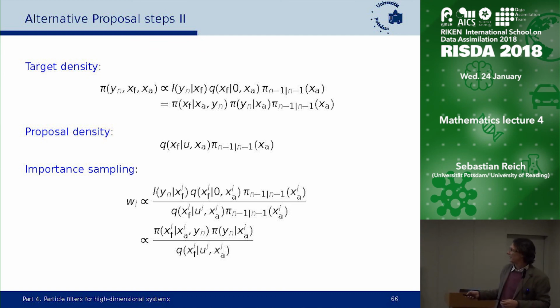So in a perfect scenario, this would be the same as up here, and then all particles have the same weight. Now this is a bit difficult, but this term is the same as here, so this drops out, and you're left with this. And then using this equality, you basically get this. Now, the best thing you can do is to find the u that matches exactly this. So this is the forecast distribution given the analysis and the data already.